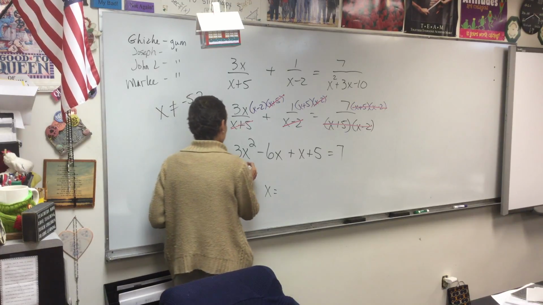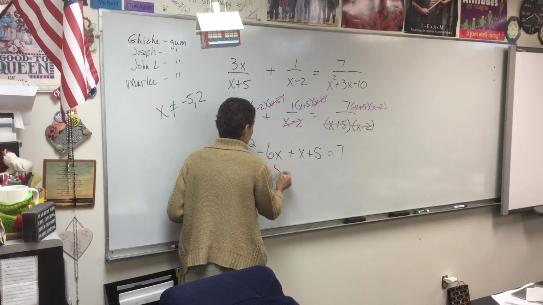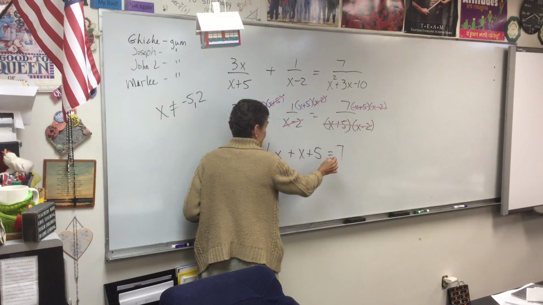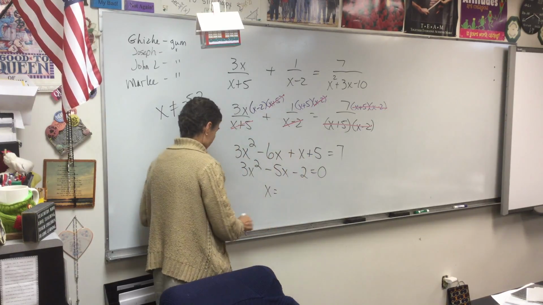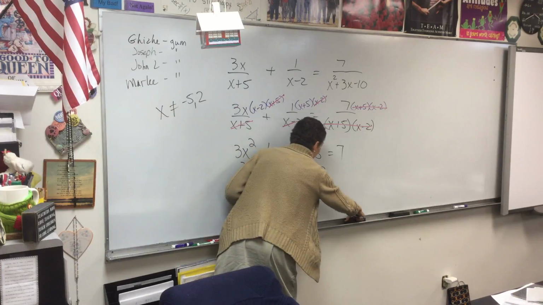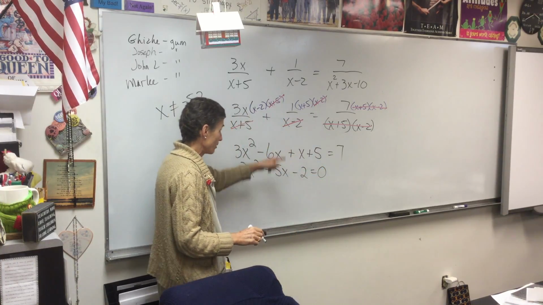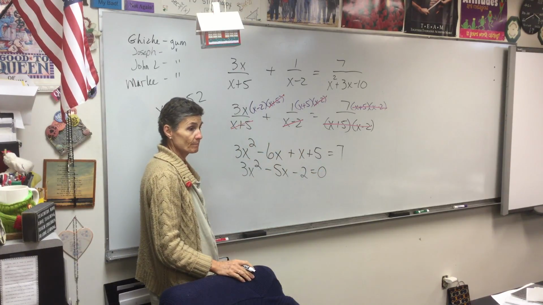So we have 3x squared, minus 5x. I'm going to go ahead and bring that 7 over, so it'll be minus 2 equals 0. I always like to get a 0, right? So I kind of did it all at once. I minus 7 from both sides. Is that okay with everyone?